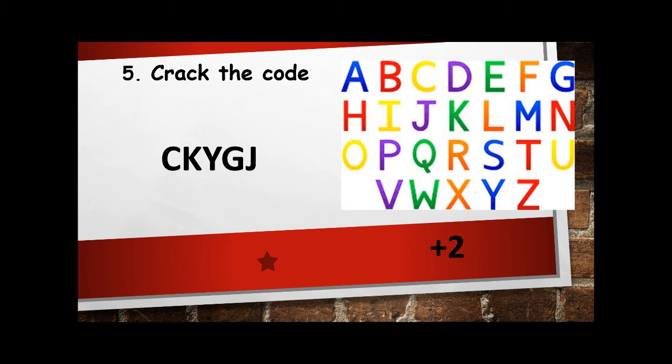Challenge number 5. Here we have random letters on the left, and on the right we have the alphabet. And underneath the alphabet you will see a +2. What does that mean? Can you crack the code?